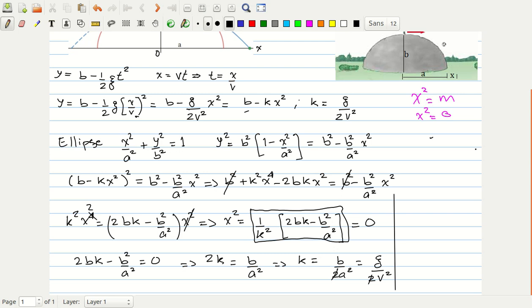So we know that v square should be equal to g by a square times g by b, or v should be equal to a divided by root b times g.